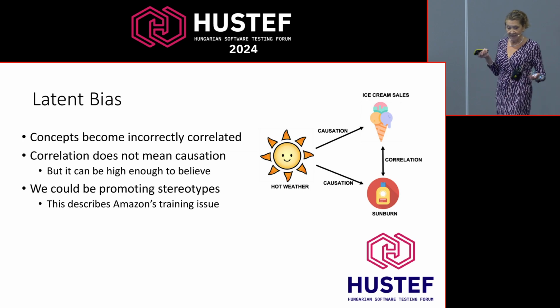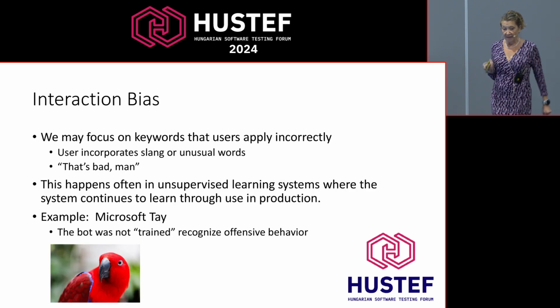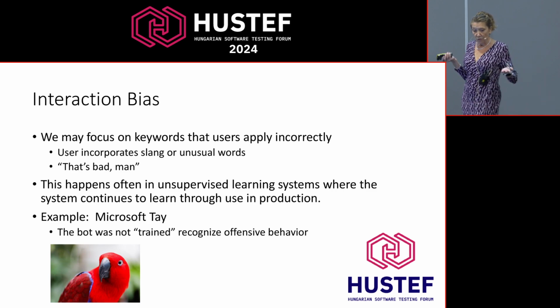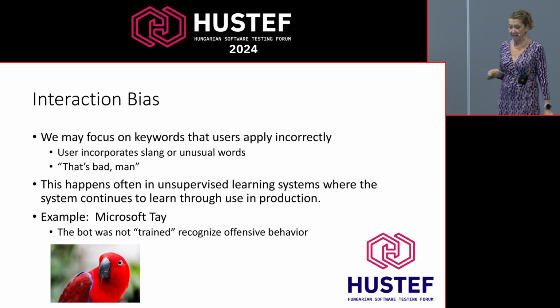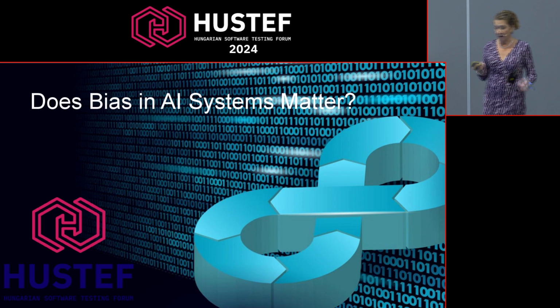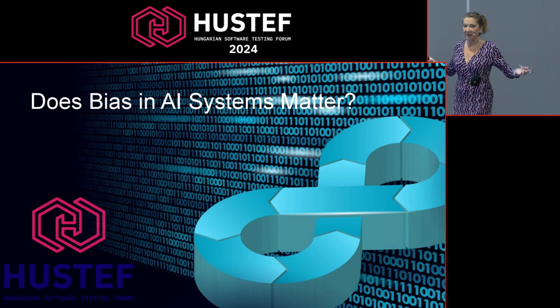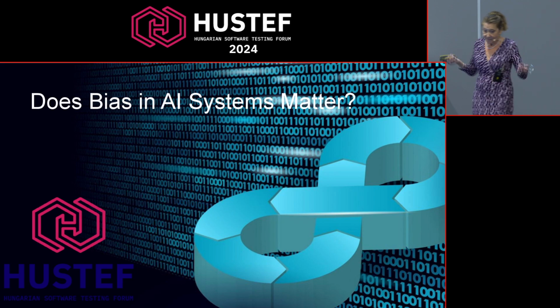The latent bias is concepts that become incorrectly correlated, and that was what happened with Amazon. And in the interaction bias, we may focus on keywords that are applied incorrectly. In this example, we had Microsoft Tay. If you remember Microsoft Tay, it was a bot that crawled through Twitter and learned to talk. It picked up all inappropriate language. They had to shut it down.